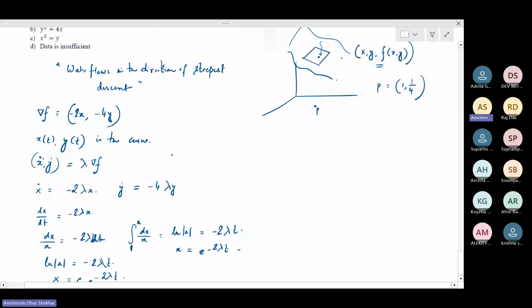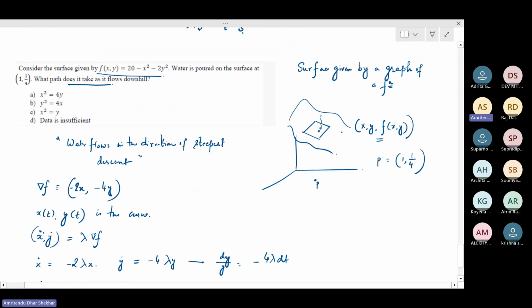Similarly, you can solve for y. This is dy upon y is equal to minus 4 lambda dt.